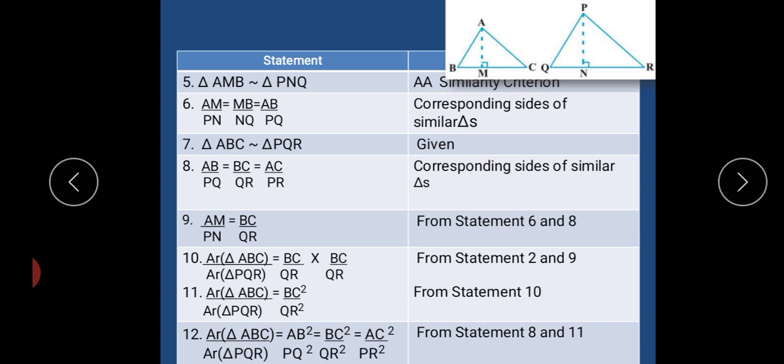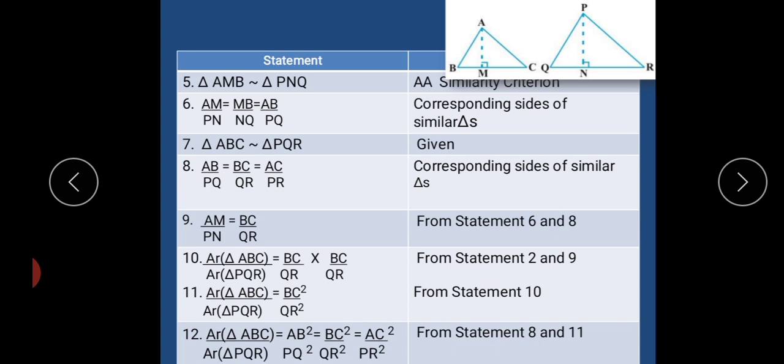We'll write the corresponding sides. Say the correspondence, AM upon PN is equal to MB upon NQ is equal to AB upon PQ. Now here if we see, we already got that ratio AM upon PN.